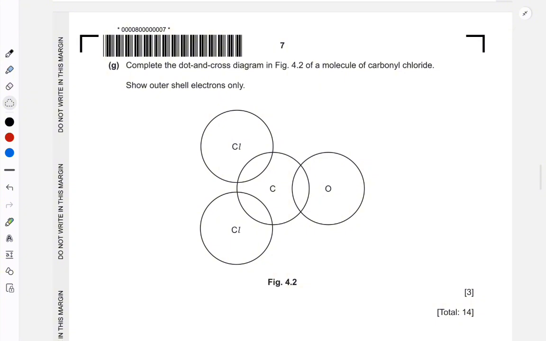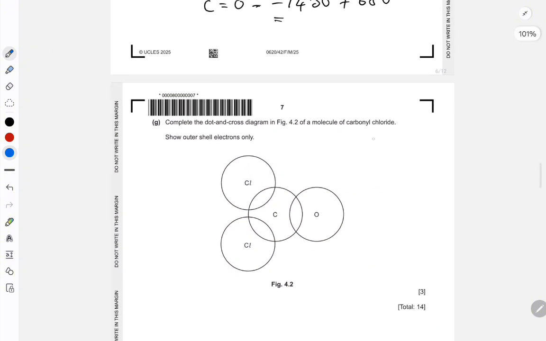Now, complete the dot and cross diagram. Memorize your first 20 elements, and you'll recognize that chlorine has 8 electrons, 1 shared. If you look at the structure, C double bond O, Cl, Cl, remember each bond is a pair of electrons.